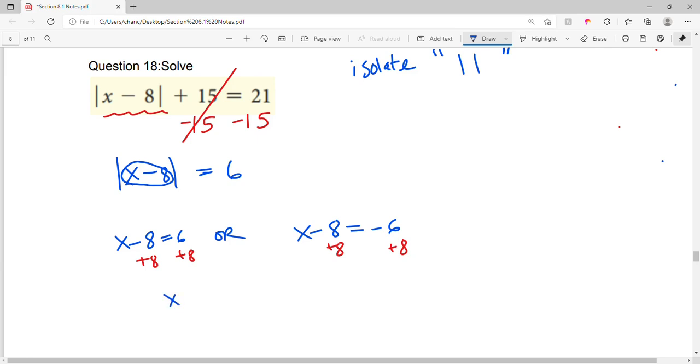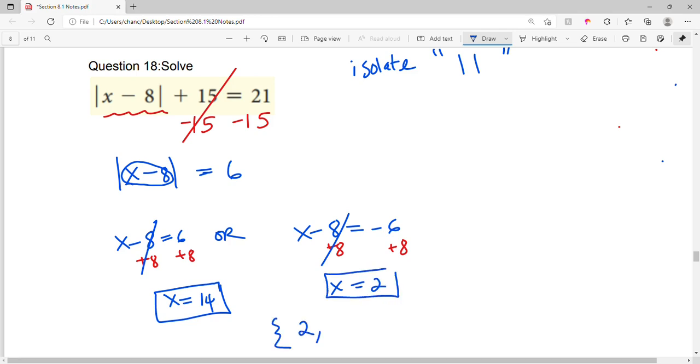And now my first solution is x equals 14. For the second solution, we have x equals a positive 2. Our first solution is 2, and our second solution is 14. So the tip here is to isolate that absolute value first, then you can split it into two equations. When you split it into two equations, make sure to remove the absolute values.